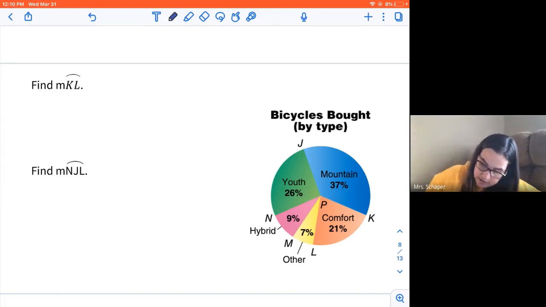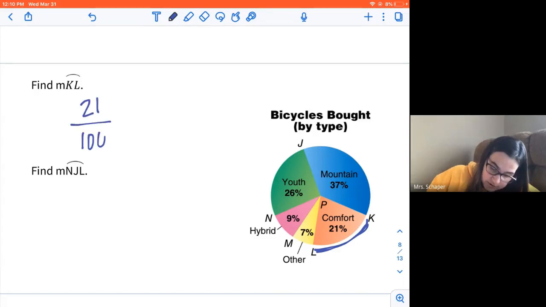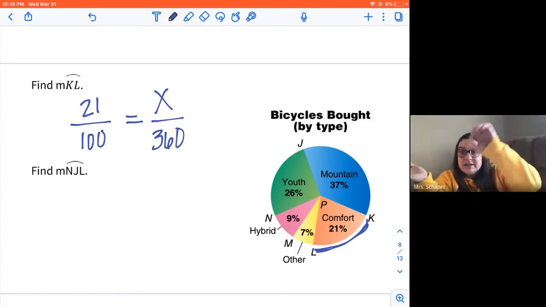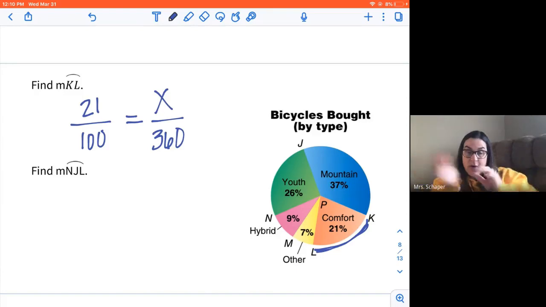So KL is right here. What I'm going to do is set up a proportion, okay? 21% out of 100% is equal to x degrees out of 360 degrees. Okay, so your arc measure matches your central angle. All right, so I can set up this proportion and solve it out.